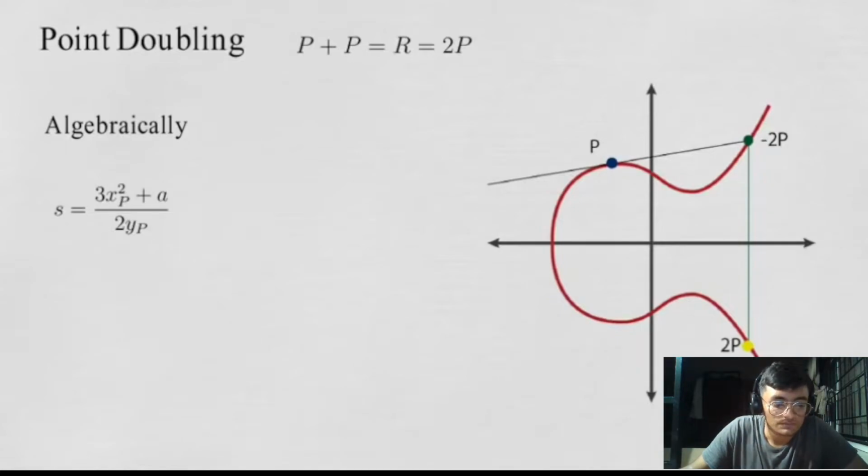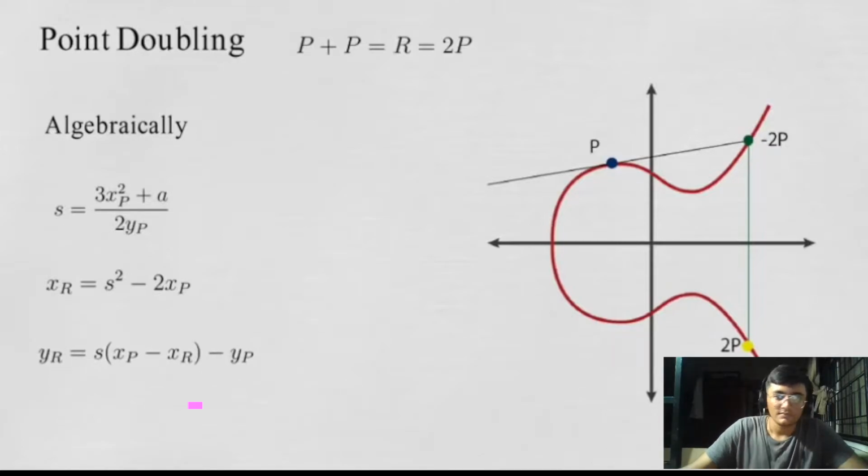Here s is the slope of that particular line, and x is s square minus 2xp.